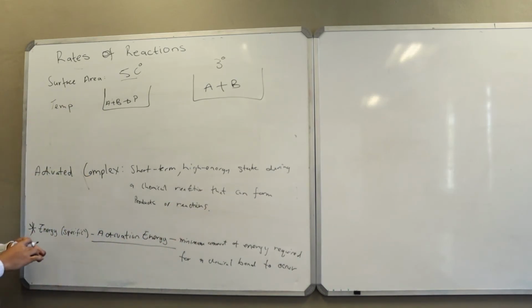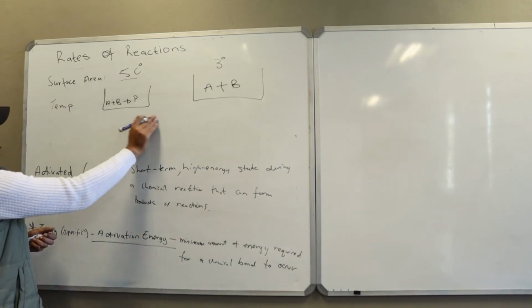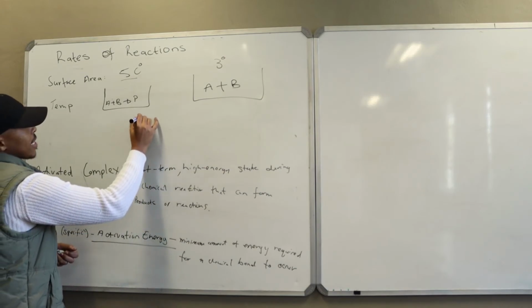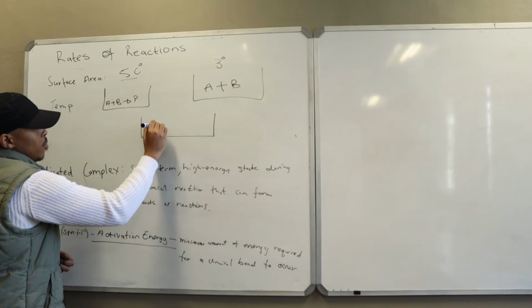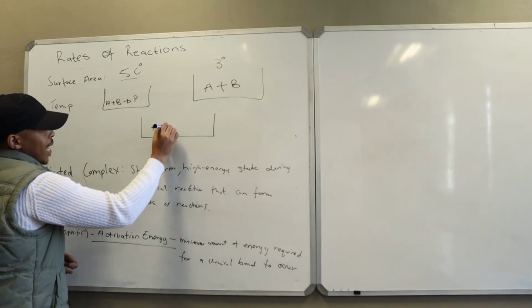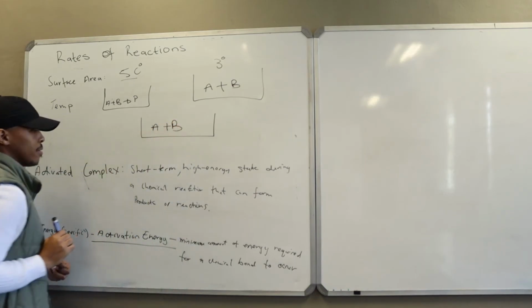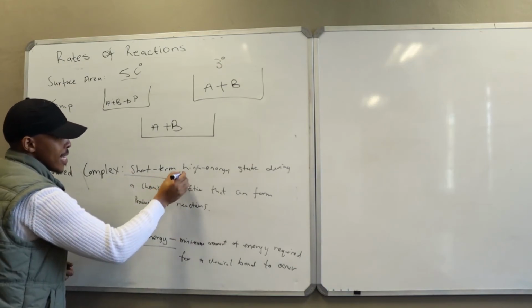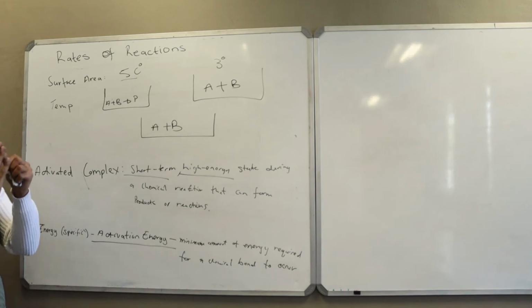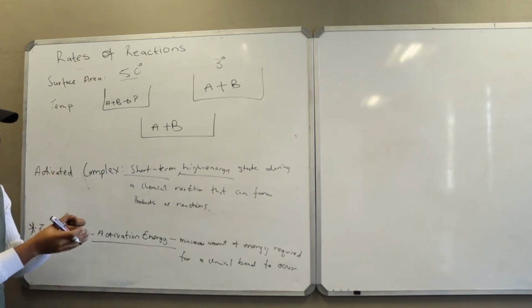So what does this mean? You're having a chemical reaction, so you have A, whatever A is, plus B. The activated complex, they say, is short term and high energy. So why is it short term and why is it high energy?